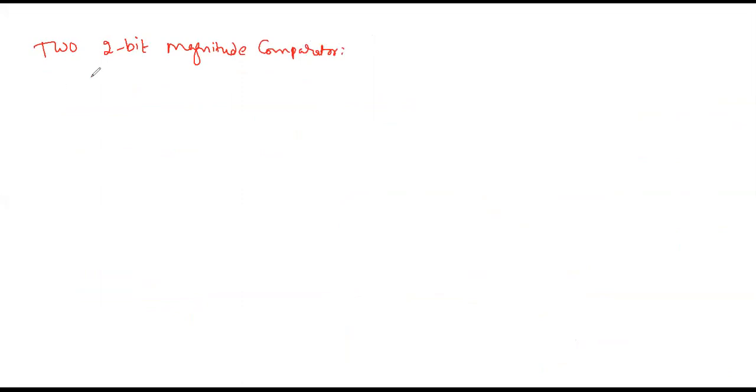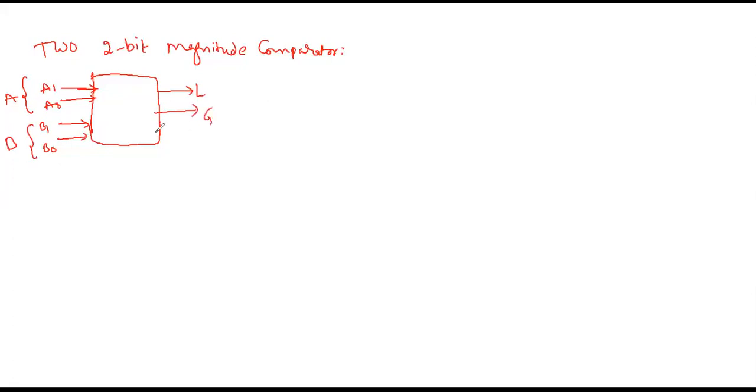Two 2-bit means A is 2 bits, A1 A0, and B is 2 bits, B1 B0, with the same 3 outputs: less than, greater than, equal.